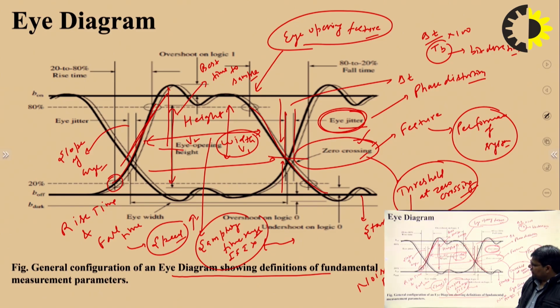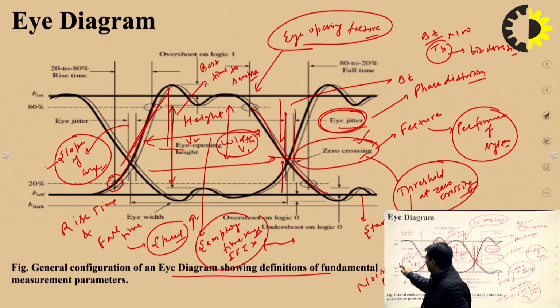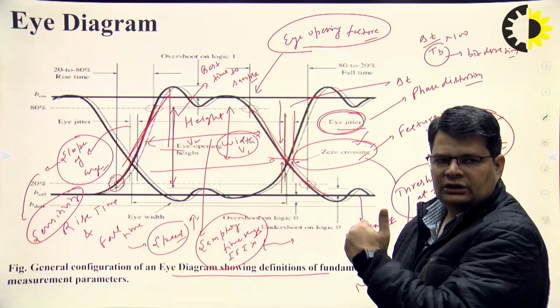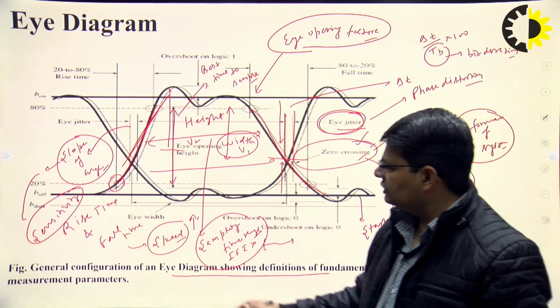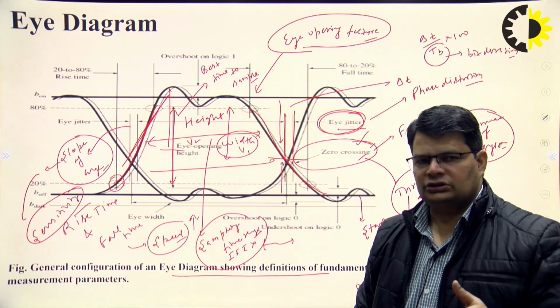So from the slope of the eye diagram, we can comment about the sensitivity towards the timing error. As the slope becomes more and more horizontal, the sensitivity towards the timing error or error related to synchronization gets increased, because the eye starts getting closed.